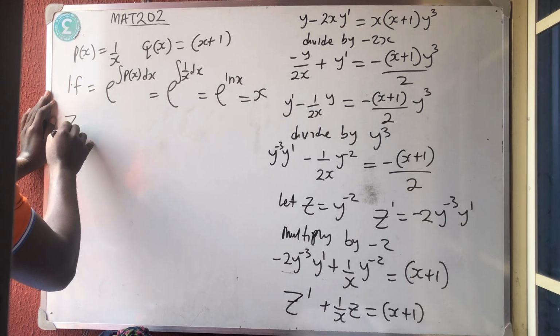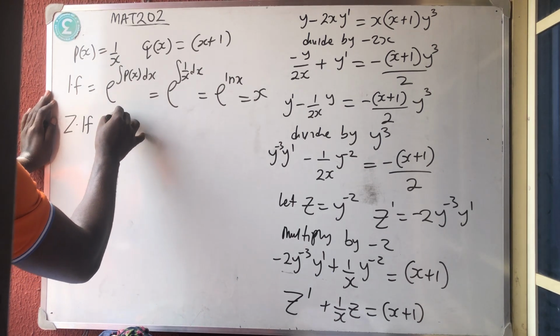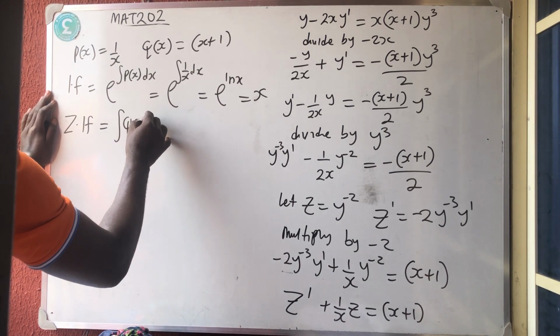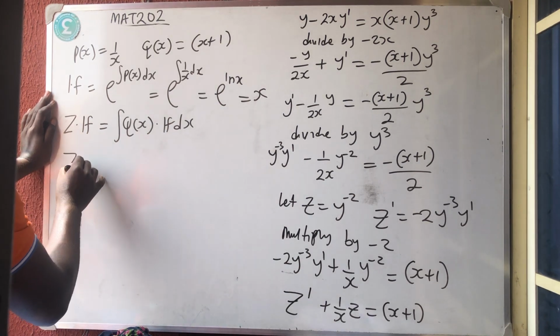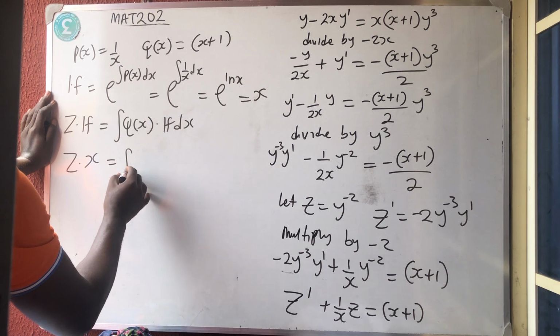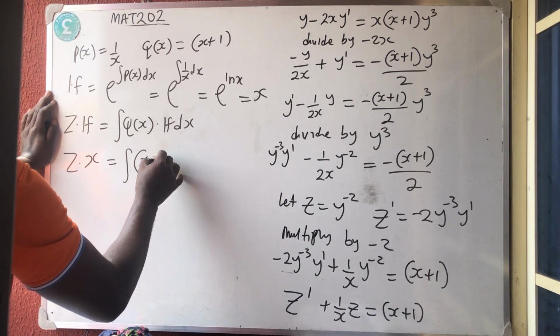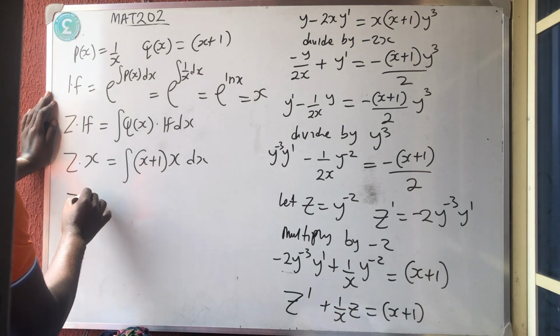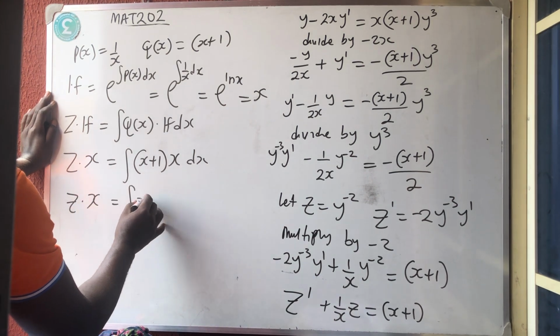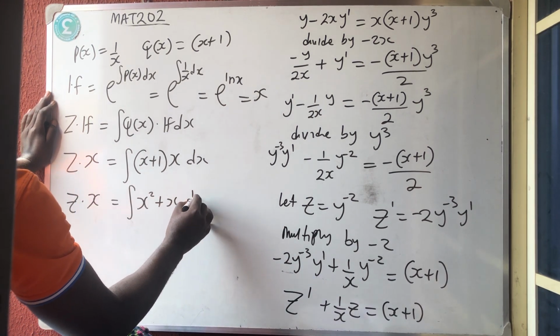So my answer is now z dot integrating factor is equal to the integral of q of x dot integrating factor dx. So what do I have now? z dot x is equal to the integral of x plus 1 times x dx. So I'm left with z dot x is equal to the integral of x squared plus x dx.